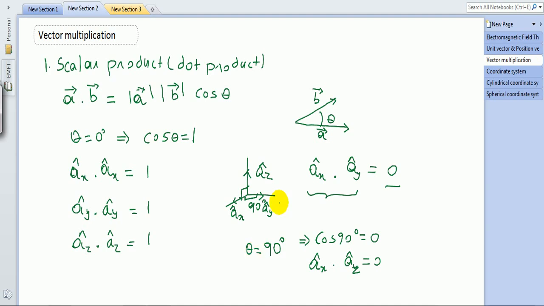This is the scalar product of two vectors. It is known as the scalar product as the product gives a scalar quantity. There is no direction in the product, so the result is a simple magnitude or a number.